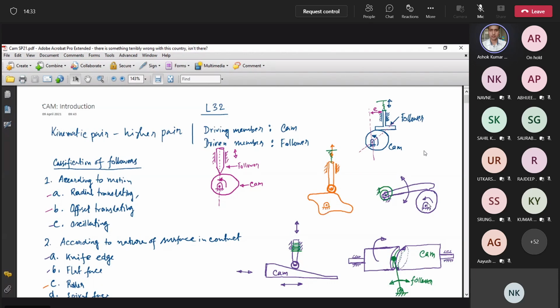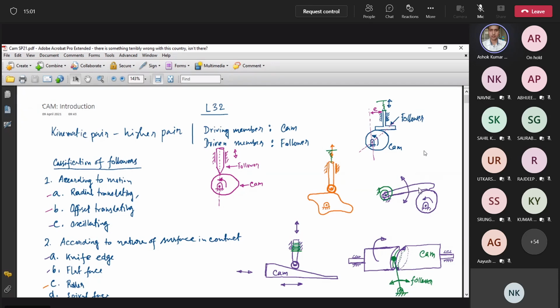Here you see there is a disk, and that disk is hinged at this point. We have another object which is a follower. This follower is hinged at this point. With the help of a torsional spring, we can always keep these two objects in contact. Now when this disk rotates, what will happen to this object?